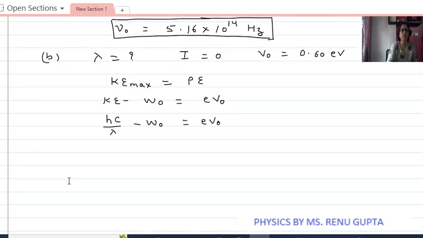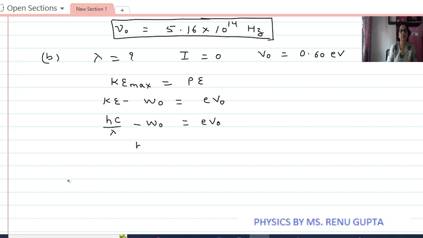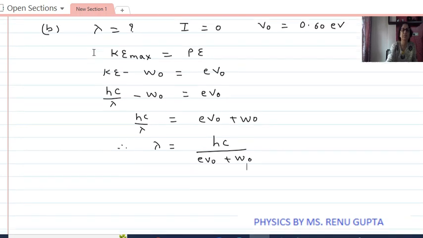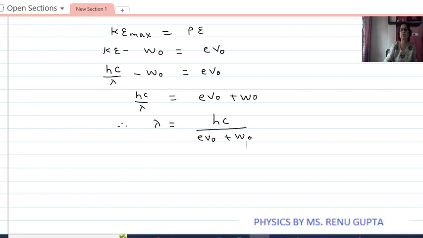Now we solve the formula first: hc by lambda is equal to eV0 plus the work function. Therefore, lambda is equal to hc upon (eV0 plus the work function).